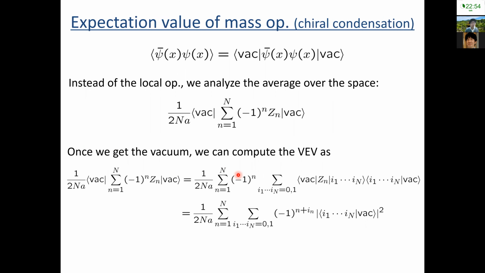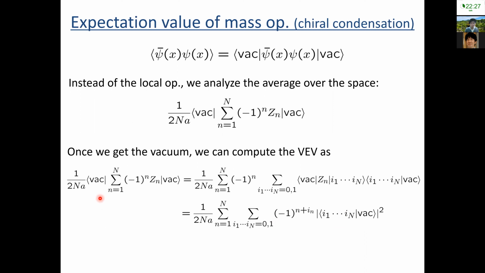And here I'd like to compute the expectation value of the mass operator. After the Jordan-Wigner transformation, the operator is given by this operator. Then once we get the vacuum by some algorithm, we can compute the expectation value in this way.